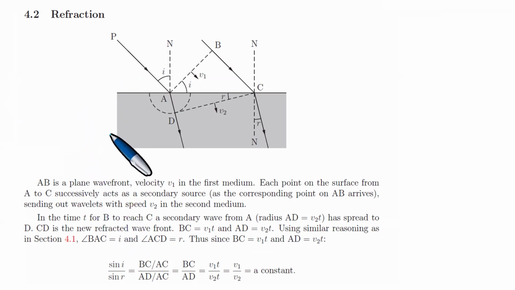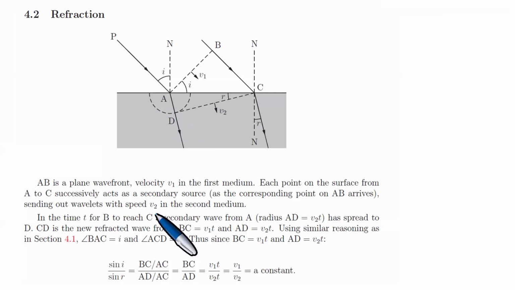Now, let's look at refraction. You have the angle of incidence and the angle of reflection. AB is a plane wavefront, velocity V1 in the first medium. Each point on the surface from A to C successively acts as a secondary source as the corresponding point on AB arrives, sending out wavelets with speed V2 in the second medium.